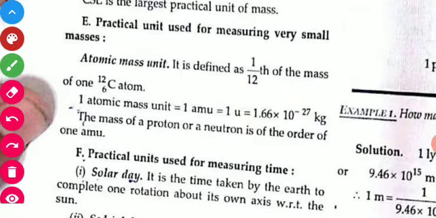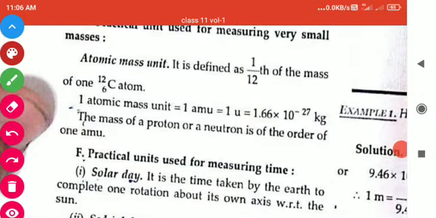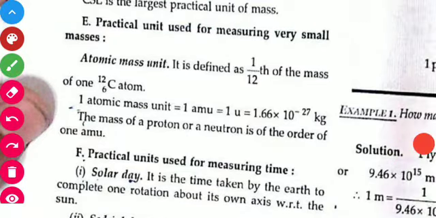So what is the atomic mass unit? This is basically 1/12 of the mass of carbon. Take the mass of any carbon atom and divide it by 12, and the value you get is known as 1 atomic mass unit. And this is equal to 1.66 into 10 to the power minus 27 kg. So basically this is 1 AMU.